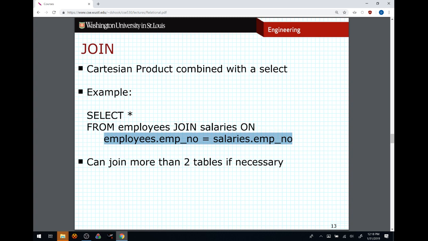This result now is a left join between these two tables. I keep all rows from the table on the left and just put null in for the spots that I can't fill normally. A right join then would be keep all rows from this table, whether they match the condition or not, same idea. And then a full outer join is keep all rows from both tables, and fill in nulls when you don't actually have a match.